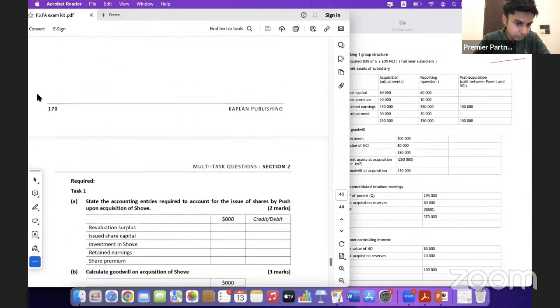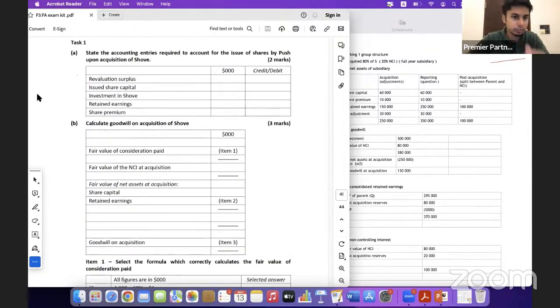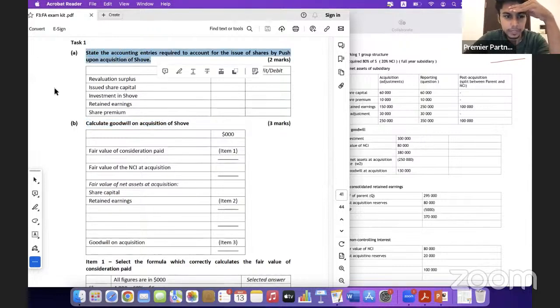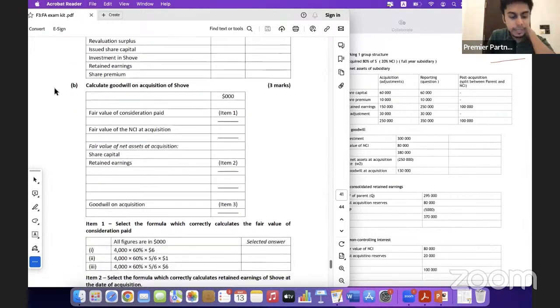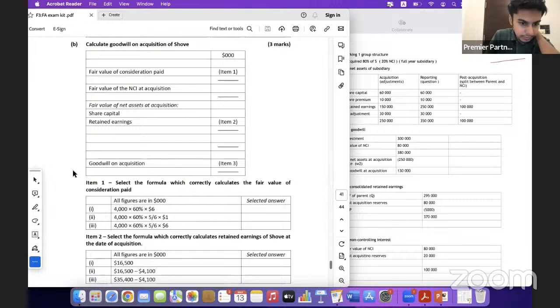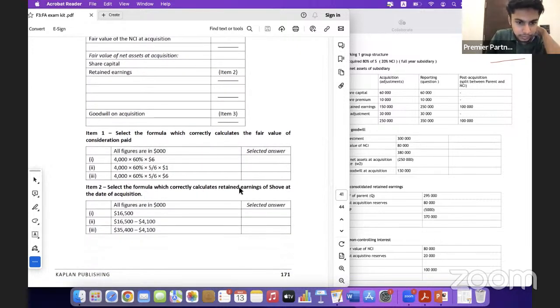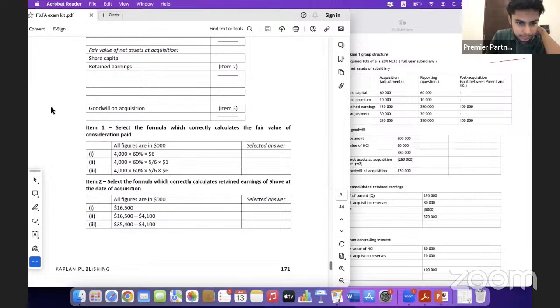So it's a question where, guys, they are asking from us, number one, calculate the goodwill. Then, guys, on the other hand, they are asking to show a double entry for some share issues or something like that. Then they are asking calculate consideration paid, calculate the retained earnings.